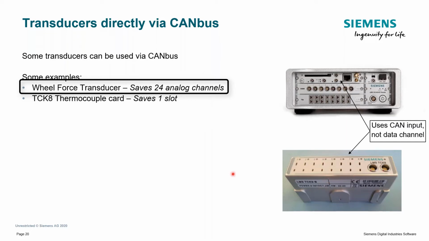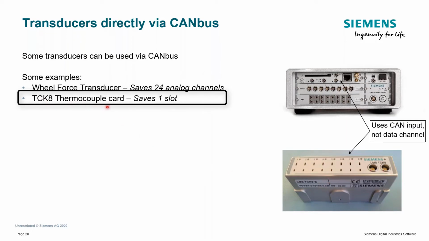At Siemens, we also sell something called a TCK8 thermocouple card, which is CAN bus based, and that will plug in to the CAN. The idea is, instead of using something like a T8 card, which takes up 1 slot, you can use the built-in CAN on your SCADAS and not take up valuable data acquisition slots. So that allows you to put more channels into your data acquisition unit.